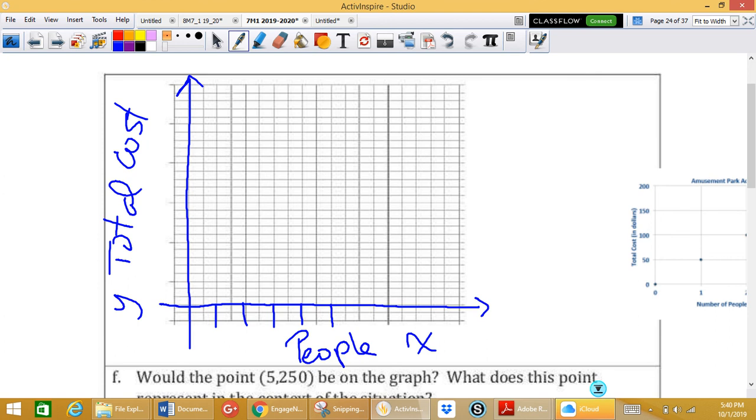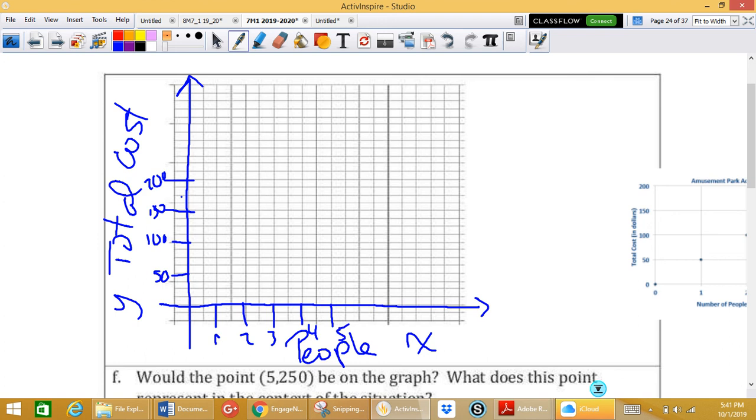So we'll have $50, $100, $150, $200 on the y-axis. And this is 1, 2, 3, 4, and 5.